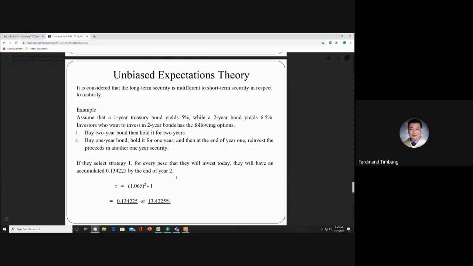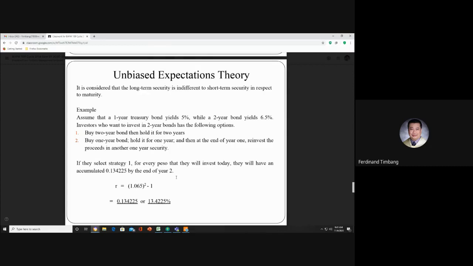So, kaya 1.065 raised to 2 minus 1 is 13.4225%. Okay? So, dapat yan ang nakikita mong kita. Kasi yung buy 2-year bond, di ba?